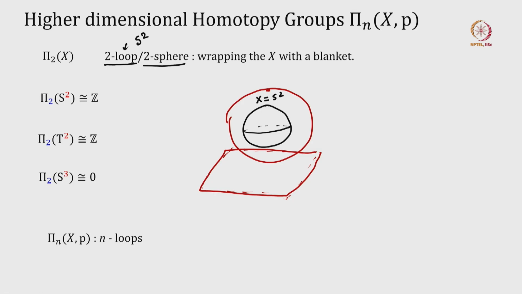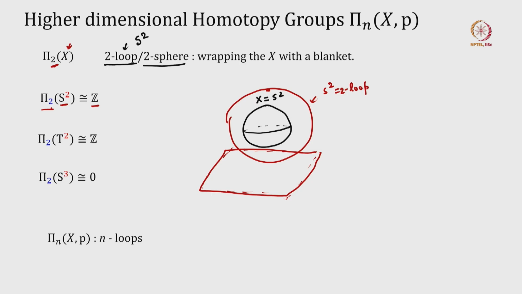So, you take it and wrap it around, and that is also S2, but that is my two loop, or two sphere, and that is what this thing stands for in the subscript. This is the two loop and this is the topological space. So, now you can see that if you draw two loops on this sphere S2, you get Z.